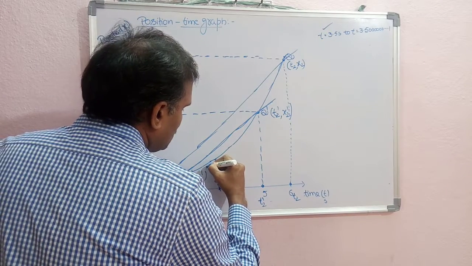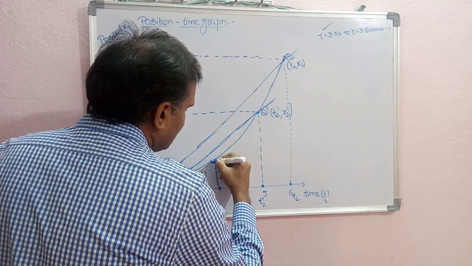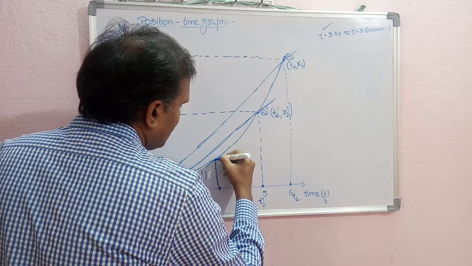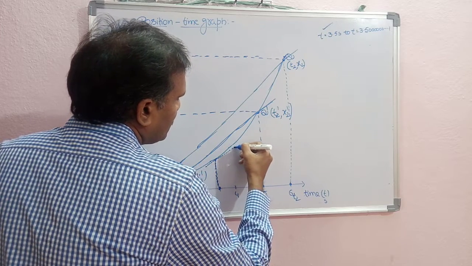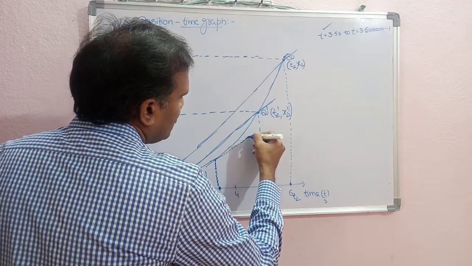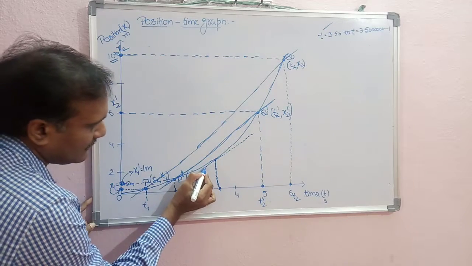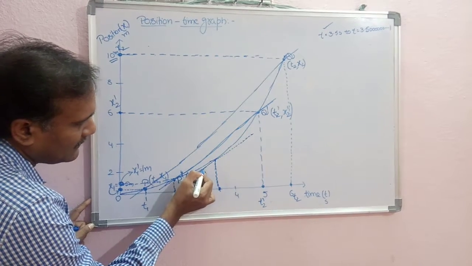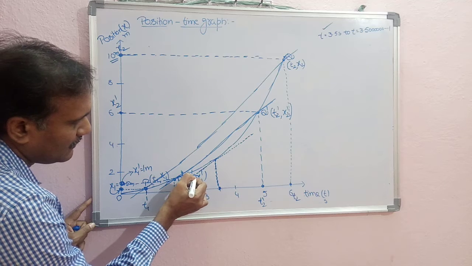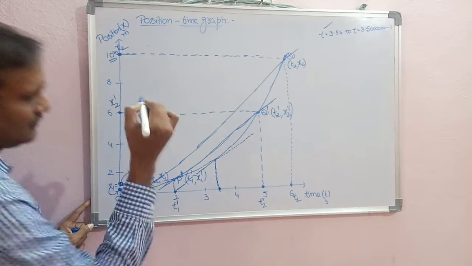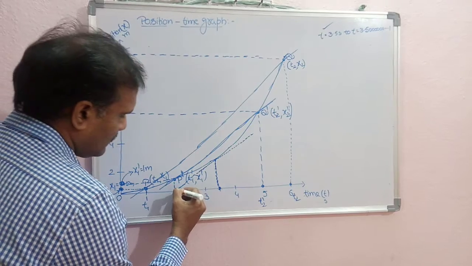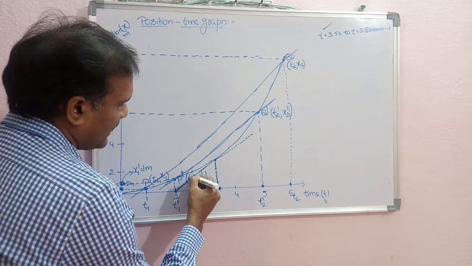Therefore, when you join those 2 points and extend that line, it gives a straight line in this manner. It gives a straight line like this. Now you extend that line in this manner.